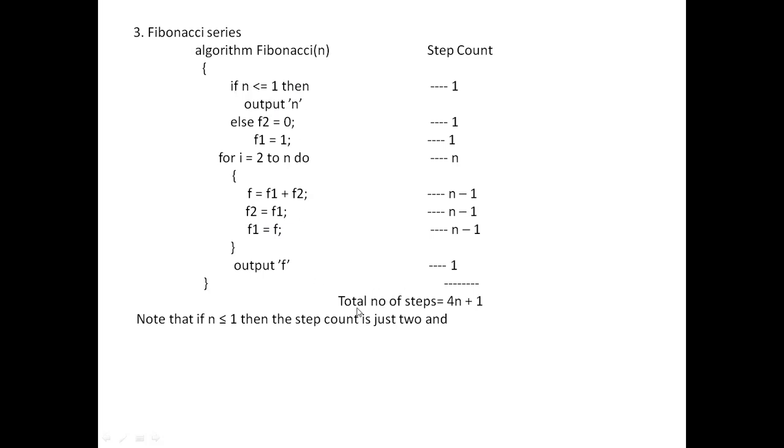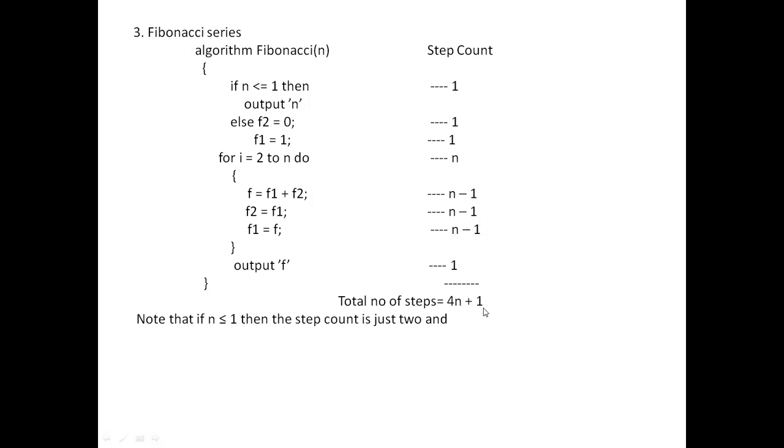So now compute the total number of steps here. n plus n plus n plus n. There are 4 n's. 1 plus 1 plus 1 plus 1, minus 1 minus 1 minus 1, that is 4 minus 3. So 4n plus 4 minus 3.